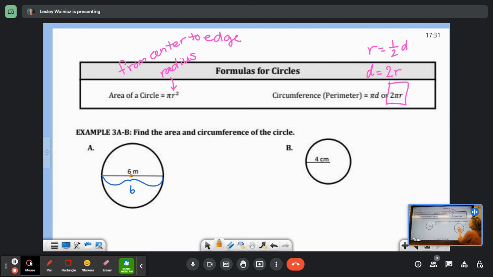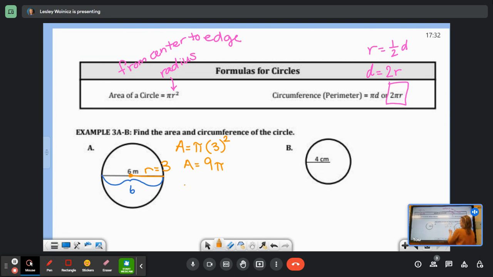From the center to the edge, that's our r, and our r is 3. Now we can find the area and the circumference. The area is pi times r squared. Our r is 3, and 3 squared is 9, so our area is 9 pi.